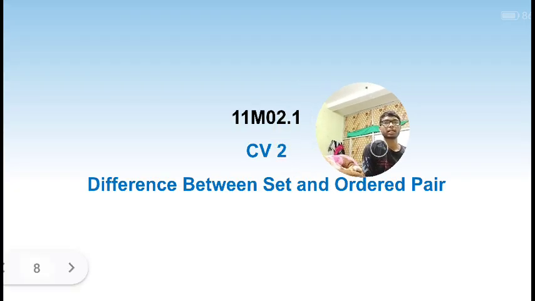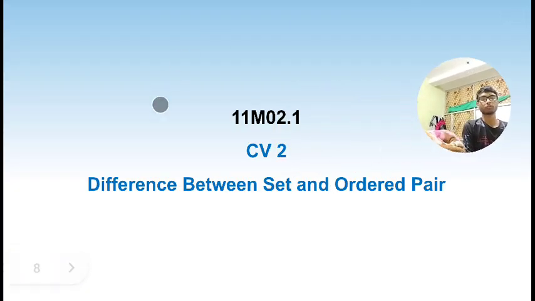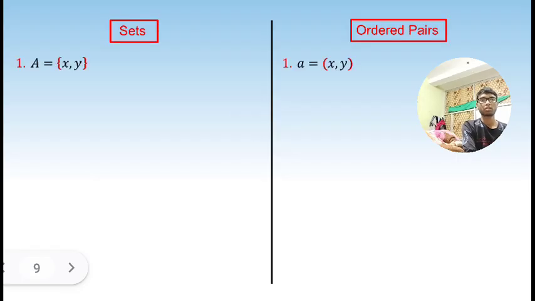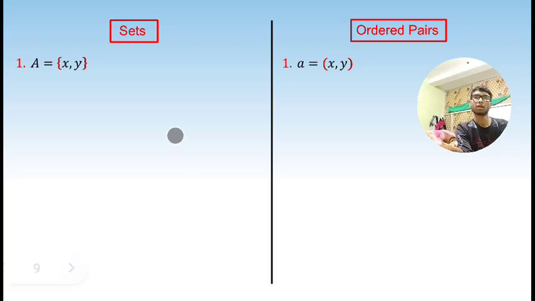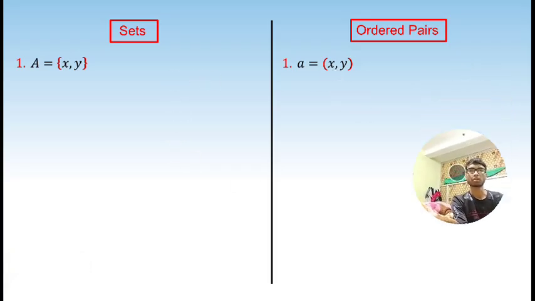Difference between set and ordered pair. What's the difference between them? Let's see. This is a set and this is an ordered pair. Here we use curly brackets, but here we use parentheses. This is a big difference.